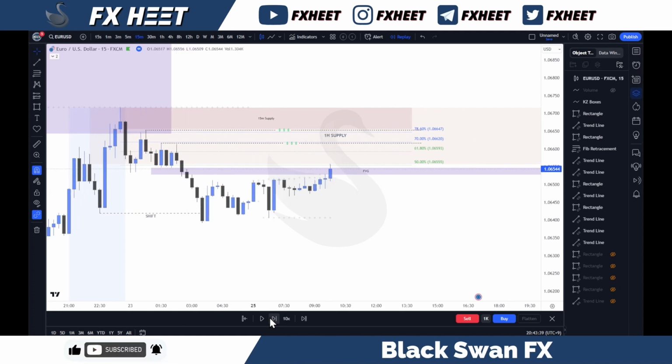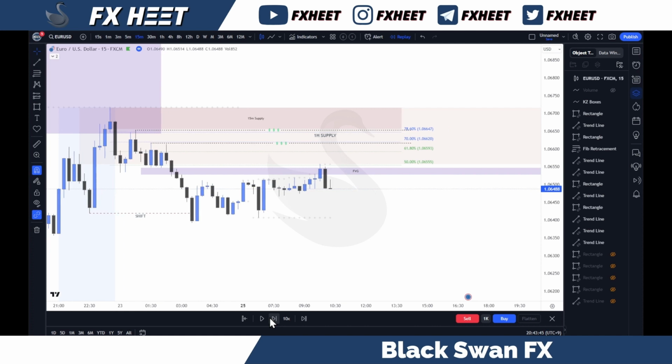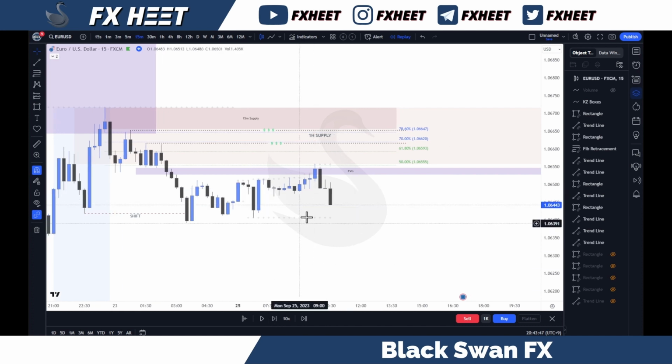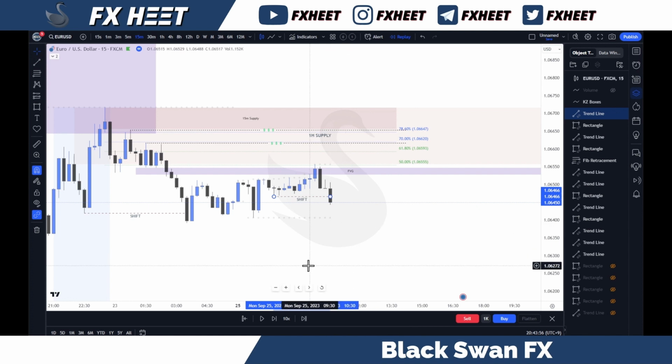Okay, we came into that fair value gap. Okay, and then we're pushing away from it now and broke the range. So this is already shifting down after testing the fair value gap.